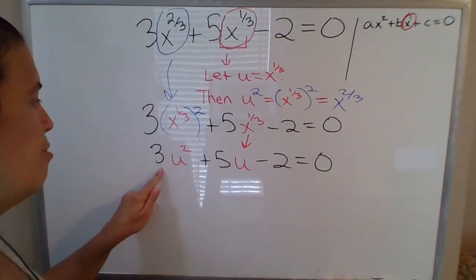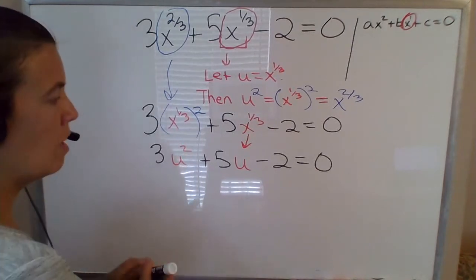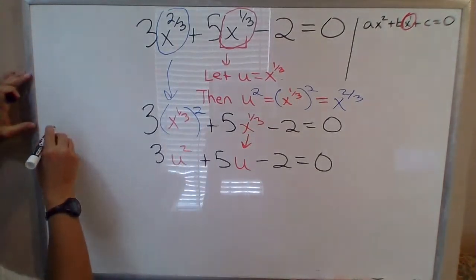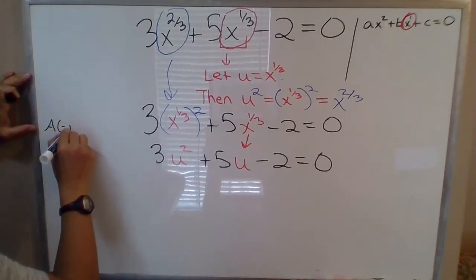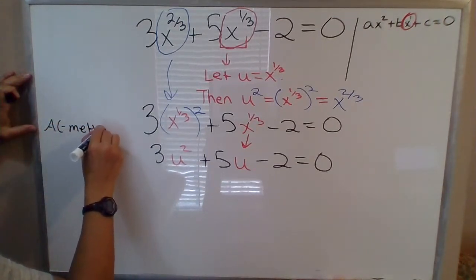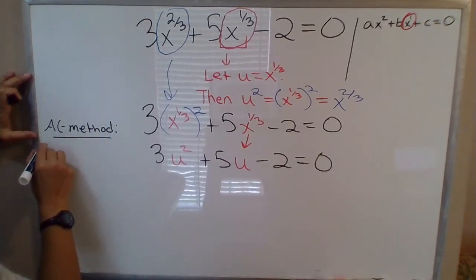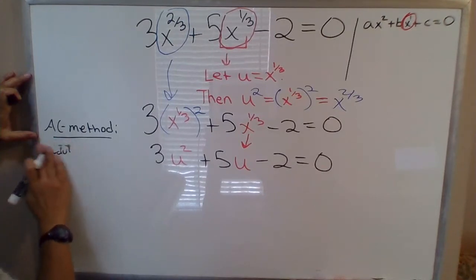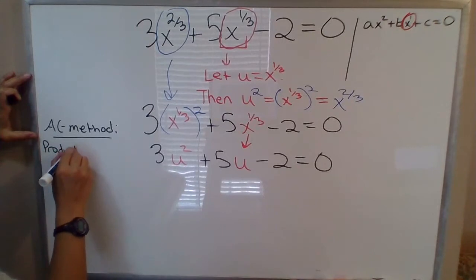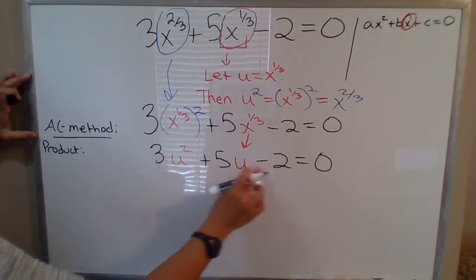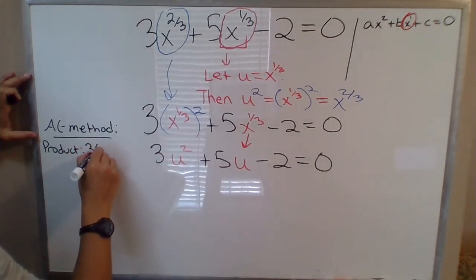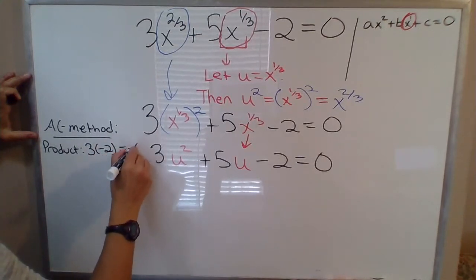It's got a number in front of the squared term, so that's when I've been writing out this AC method where, and again, you can use whatever method you want for factoring. But the way the AC method works is we look for two numbers whose product, so in other words, when you multiply, the product is 3 times negative 2 in this case, a times c, so negative 6.